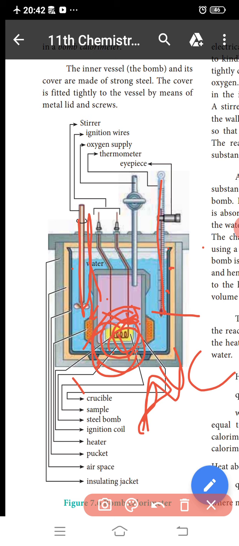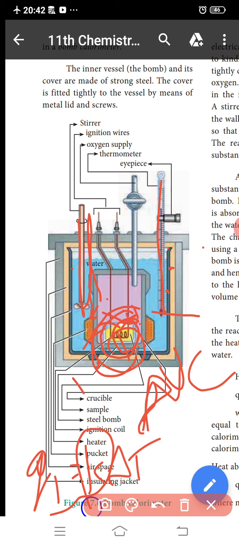The heat absorbed by the calorimeter, Q1, is equal to K del T, where K is the calorimeter constant, equal to mC times CC, where mC is the mass of the calorimeter and CC is the heat capacity of the calorimeter. The heat absorbed by the water, Q2, is equal to mW CW del T, where mW is the mass of water and CW is the heat capacity of water. This is the bomb calorimeter.